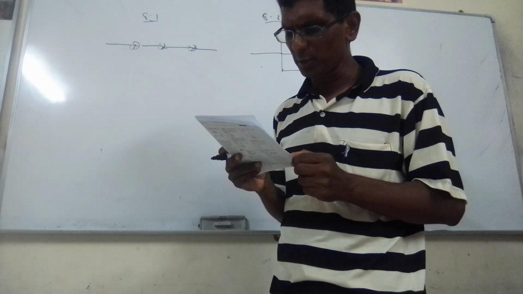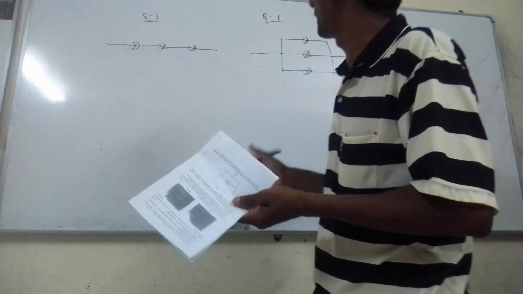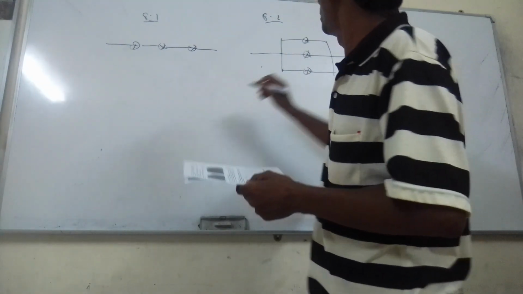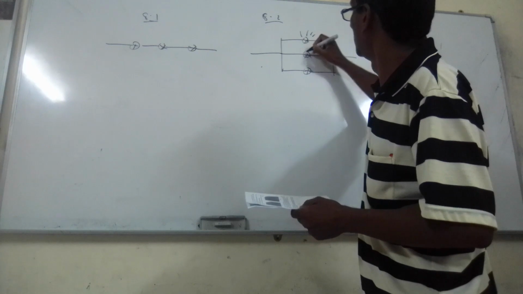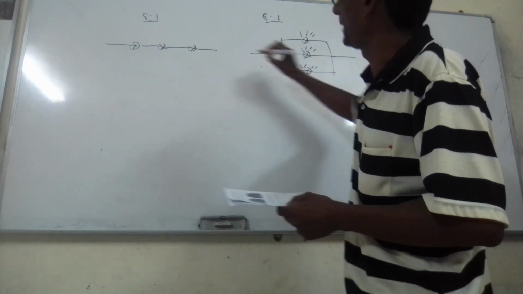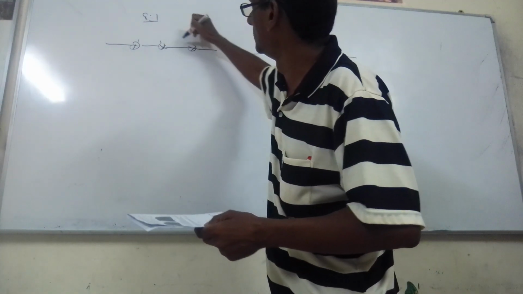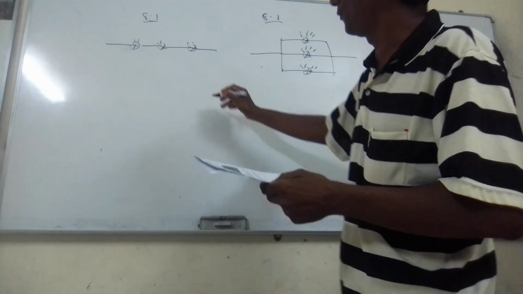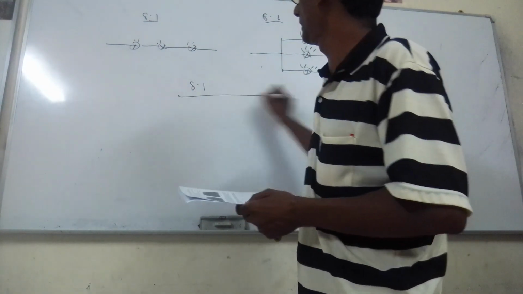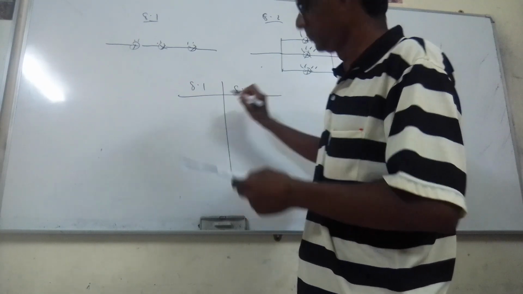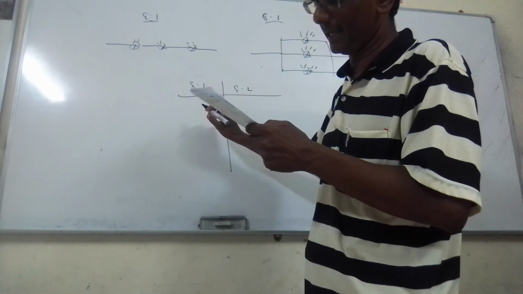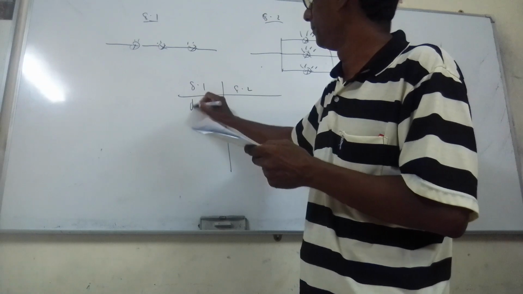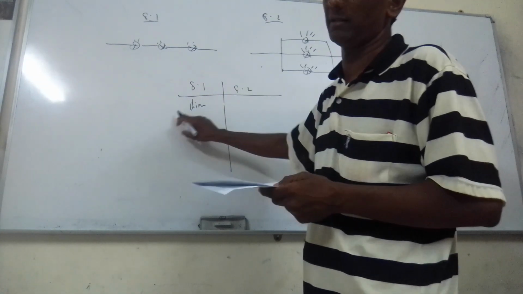Figures 8.1 and 8.2, compare the brightness of the bulbs. 8.2 is brighter, 8.1 is dim. So you must write the full words.